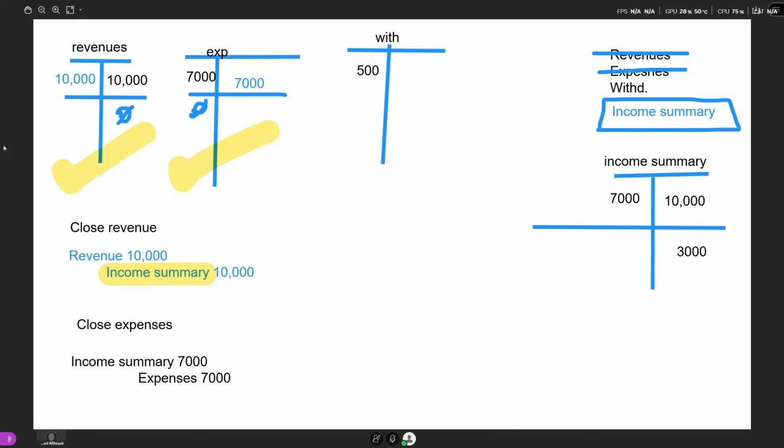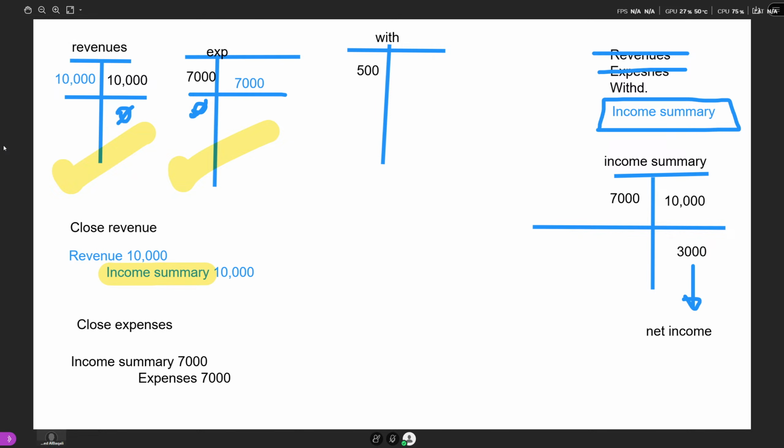If you think about your income summary, it is 3,000, which is nothing but equal to your revenues, 10,000 minus your expenses. So this is basically your net income during the period. The balance of your income summary account is always equal to your net income during the period. It is on the credit side because we made income this period.